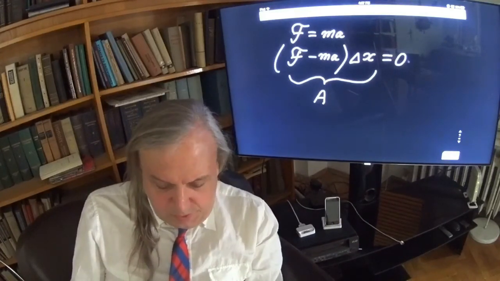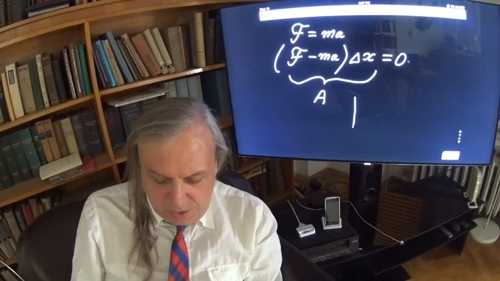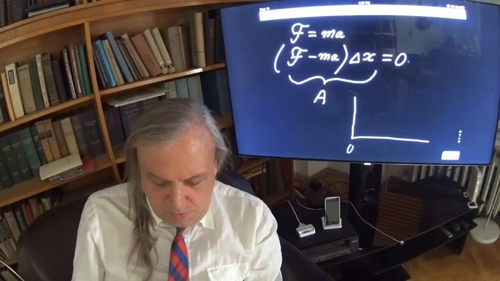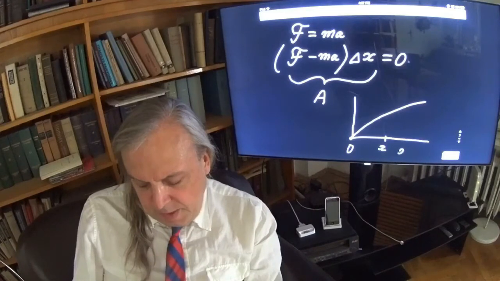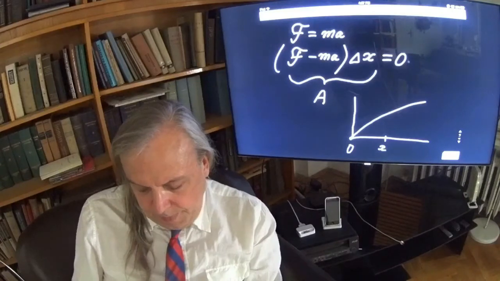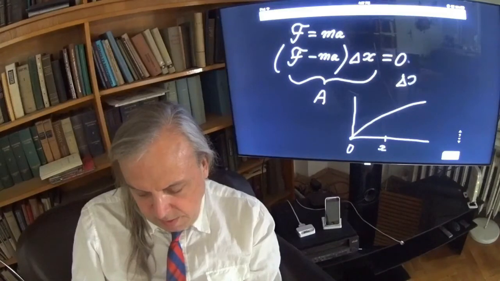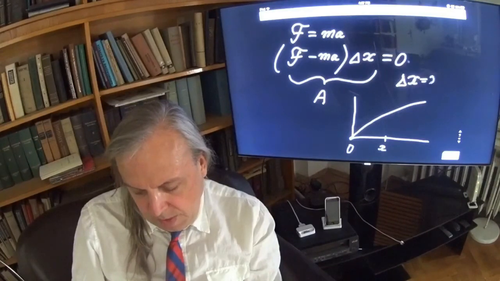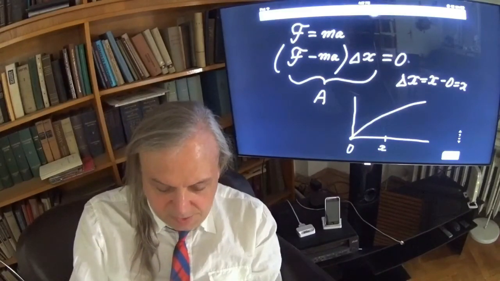And here of course, we can write x instead of delta x, because we start from 0. The displacement starts from 0. Delta x is equal to x minus 0, which is x.